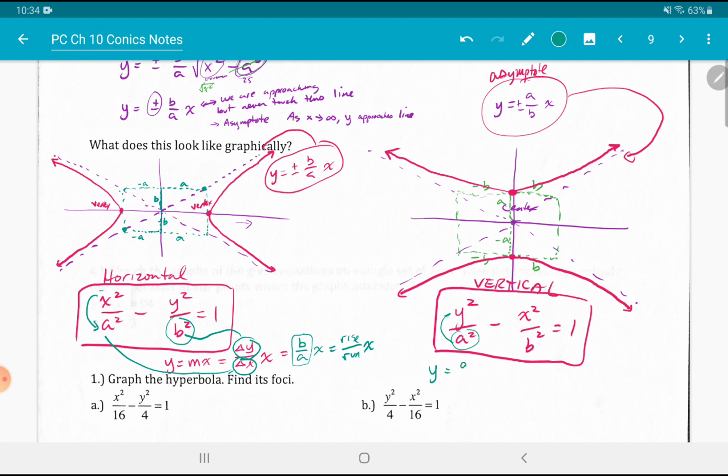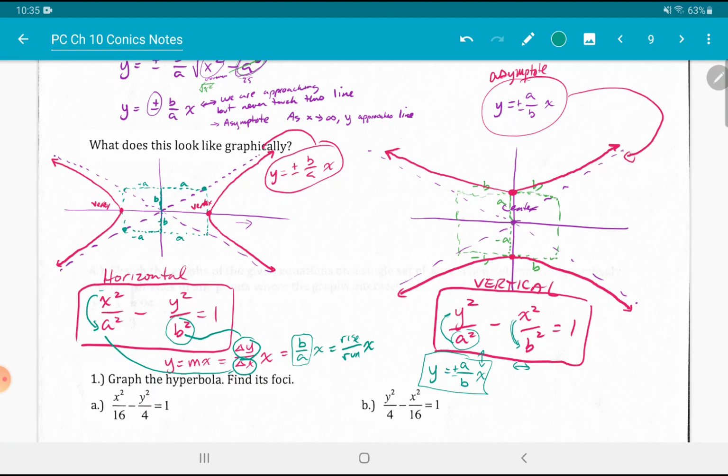So that's why the a value will be the rise, and then the x has the b value attached to the run. So the x, because x is running and y is rising, we have a over b x. So that's how you can form the asymptotes of your hyperbolas.